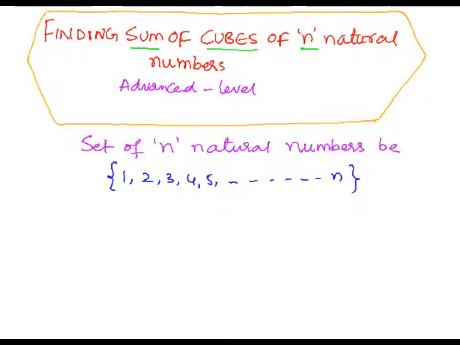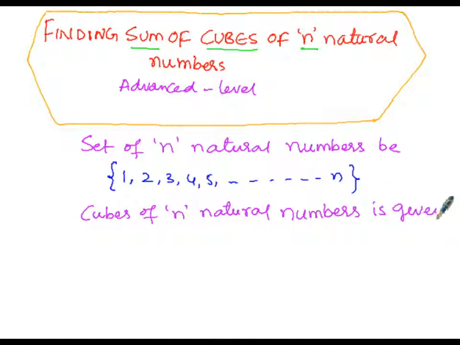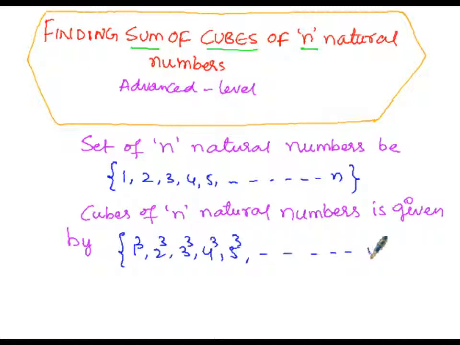Then the cubes of n natural numbers are given by 1 cube, 2 cube, 3 cube, 4 cube and so on up to n cube.